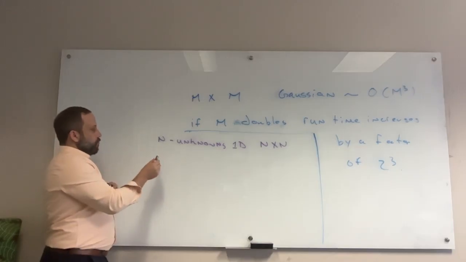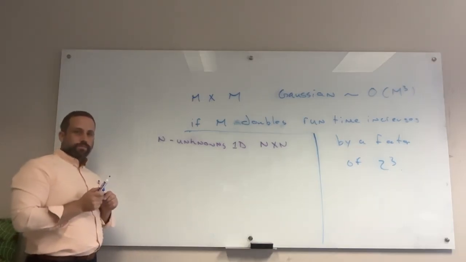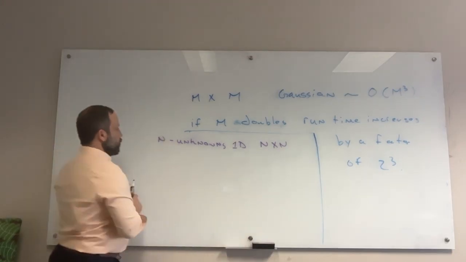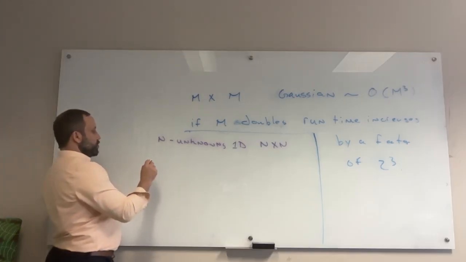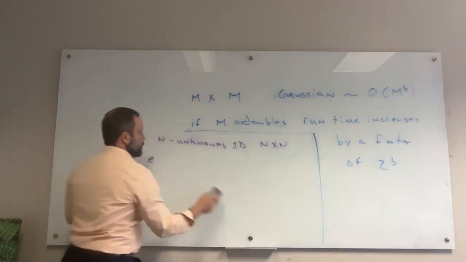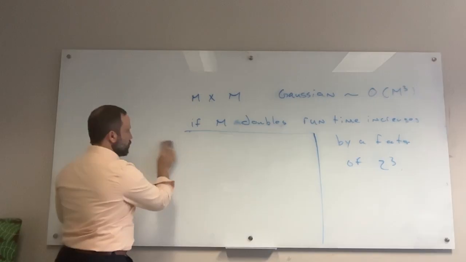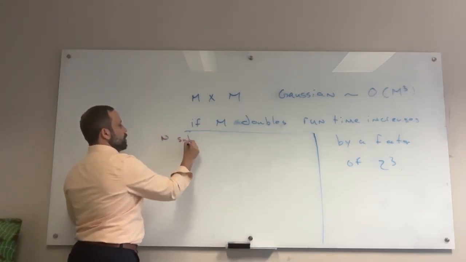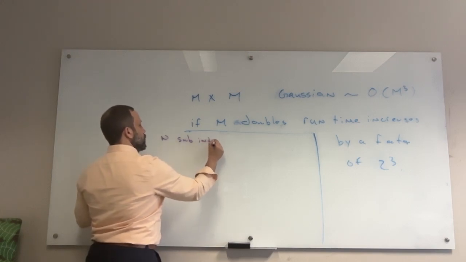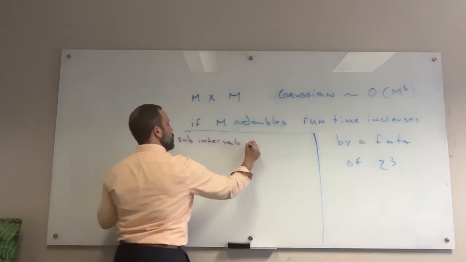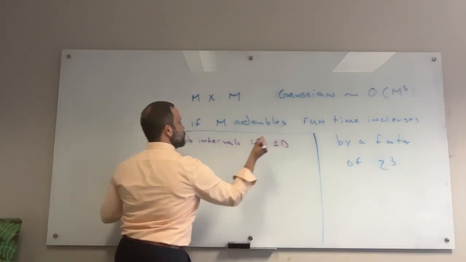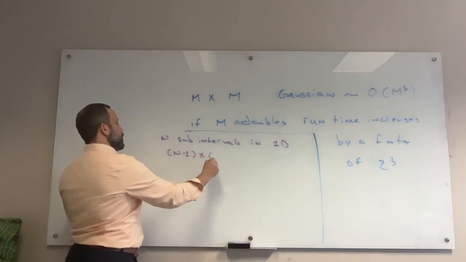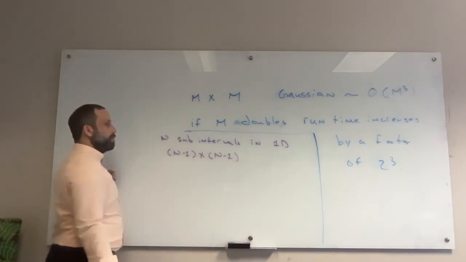Okay, what about if we are in 2 dimensions? Actually, let me back up to make this a little more consistent. If there are n subintervals in a 1D discretization, the matrix is an n minus 1 by n minus 1 matrix.